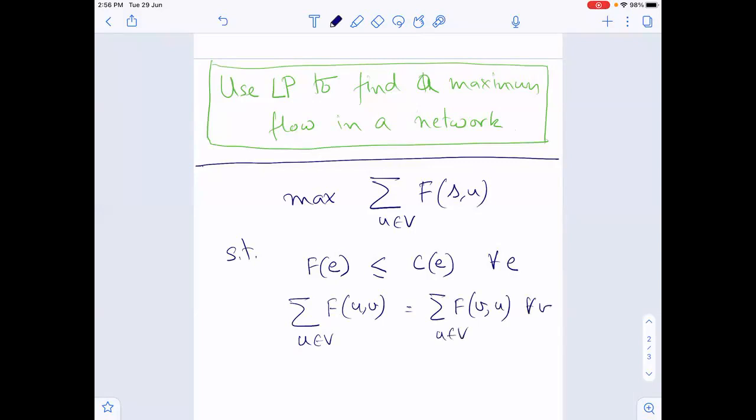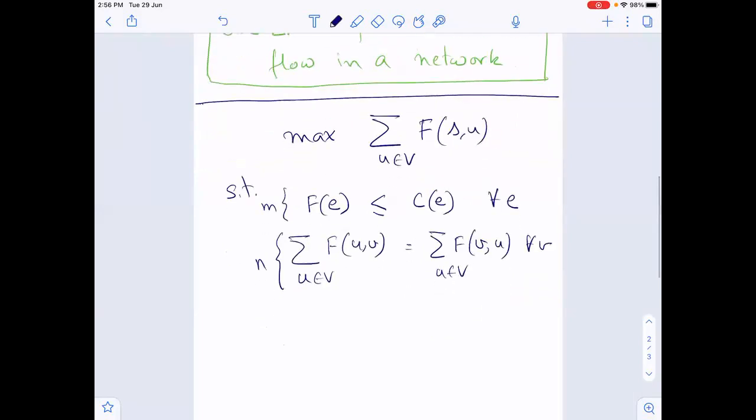So these are n of them, and those are m of them. And of course, I have f(e) greater than or equal to 0 for all e.